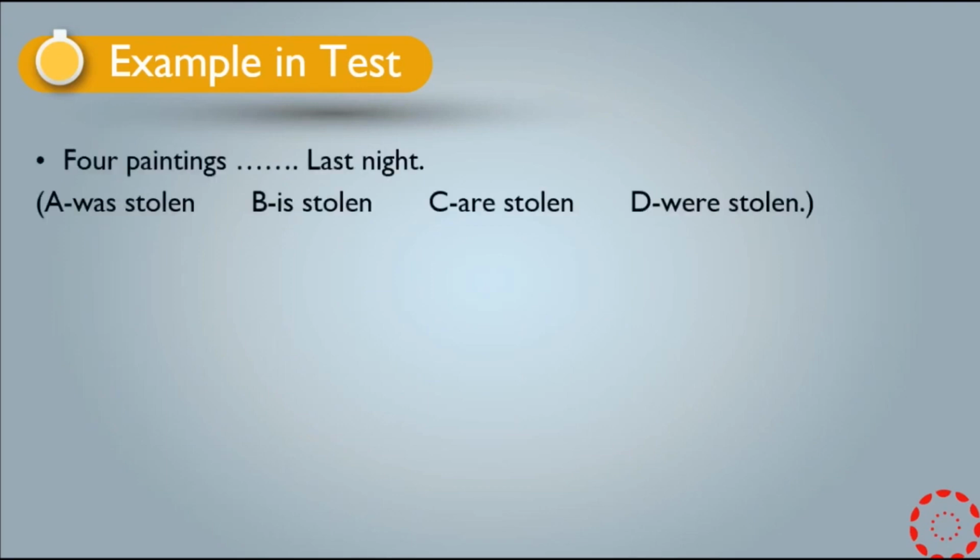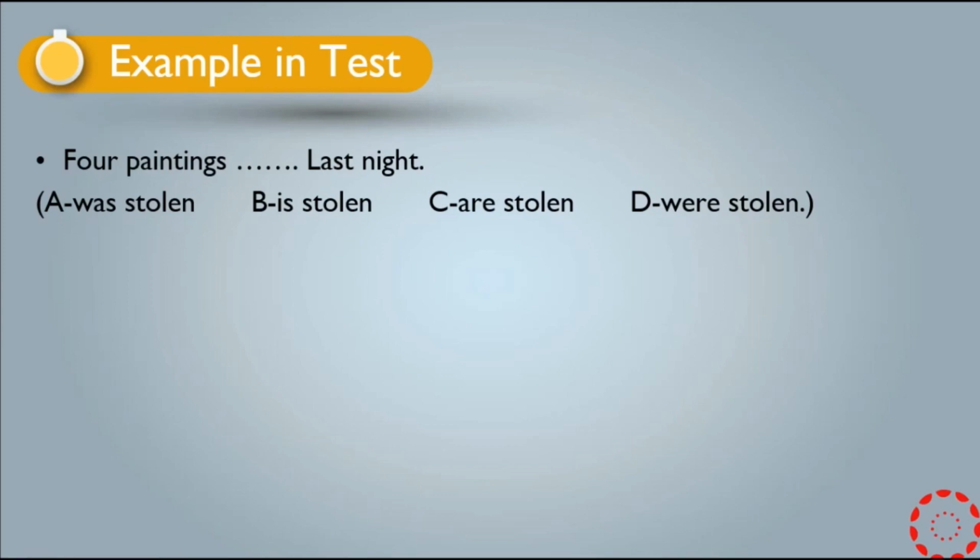For example, how will the past simple passive show up in the national exam? It looks like this in multiple choice: "Four paintings ___ last night." How are you going to know whether it is past or present? By "last night." You have to know that the word "last" refers to the past.